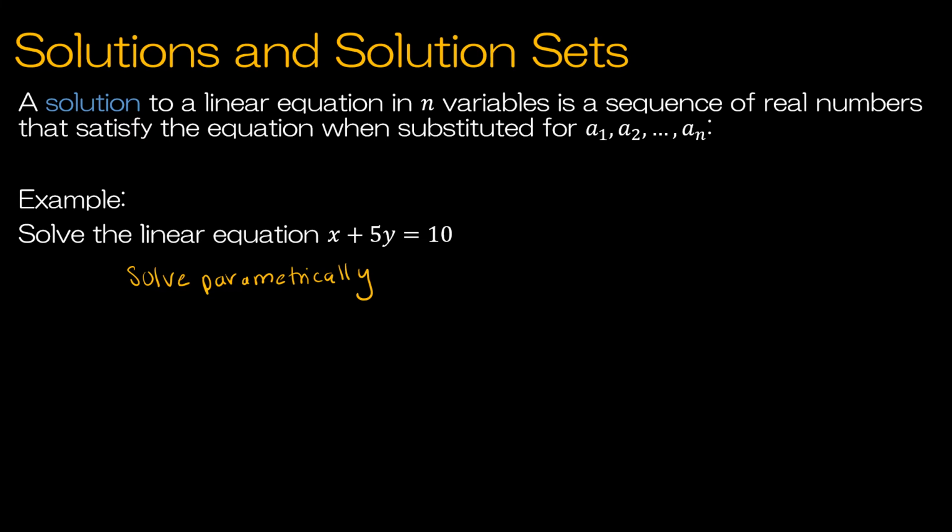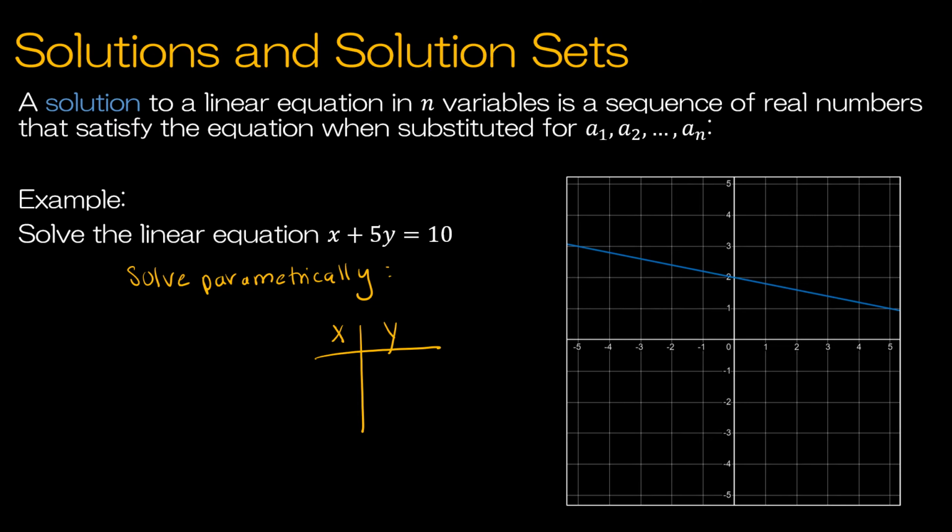So before we do parametrically, let's just look at how we might solve this normally. So normally we would just say, oh, let's make an XY table, and then we can plot a graph that has all of the points on it. And that's okay, and that's kind of what we're going to do now, but what we're going to do is we're actually going to set x equal to some expression based on the parameter of t.